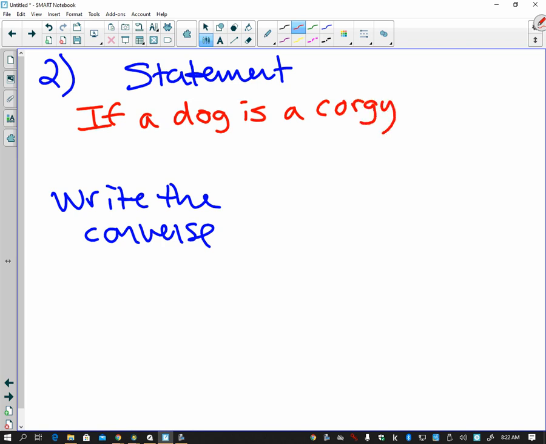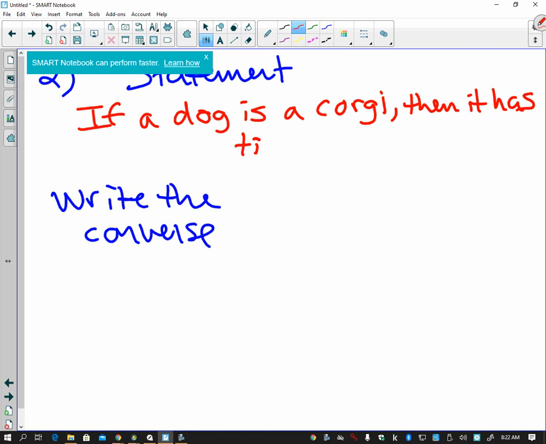It's probably not right. C-O-R-G-I, I'm being told. Okay, what is specific to corgis? Then it has tiny legs, okay? All right, so that's our conditional statement. If a dog is a corgi, then it has tiny legs.